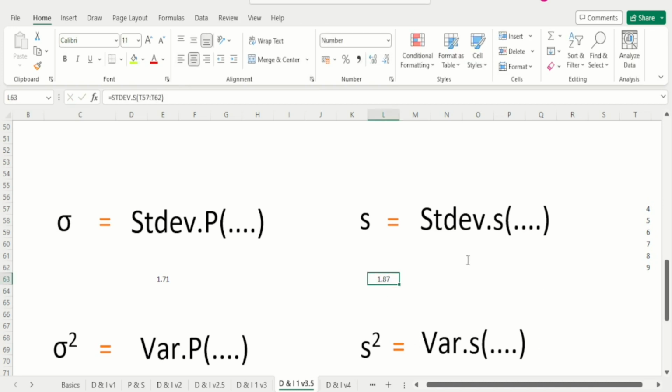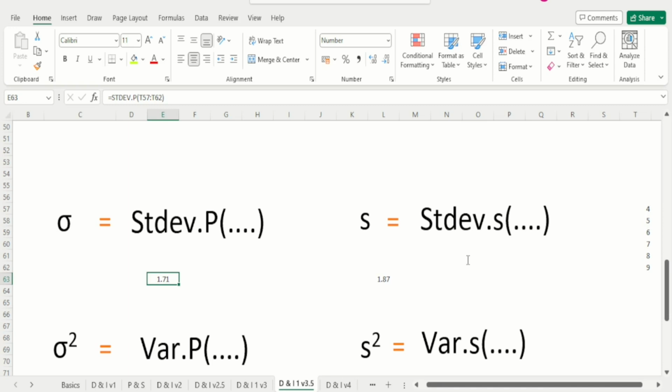Remember, we already discussed this, that the standard deviation of the sample will be a higher value or an inflated or exaggerated value as compared to the standard deviation of the population. And this is on purpose. This is by design. In those cases, when you're dealing with a sample, we know that sample is not going to be the same as the population.